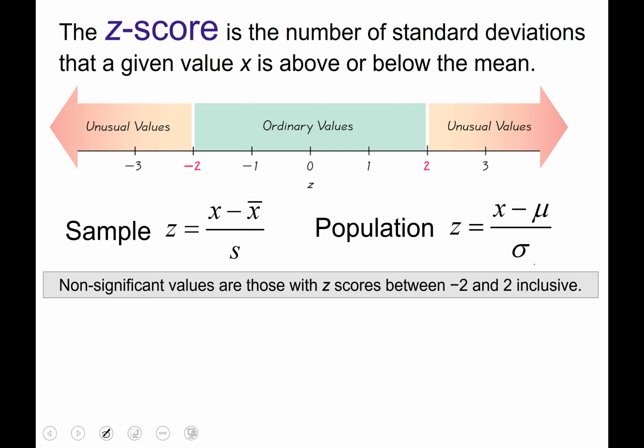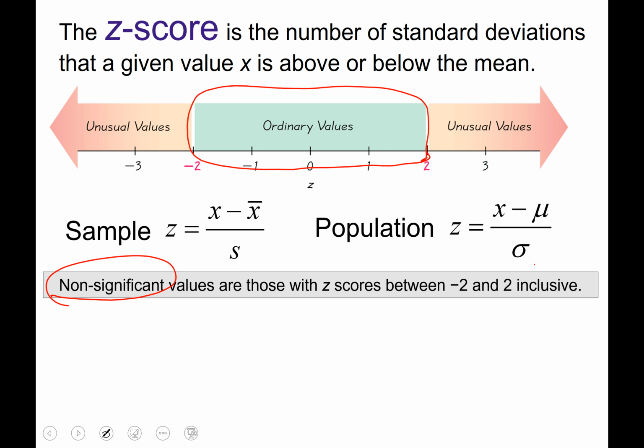All right, non-significant values are those with z-scores between -2 and +2 inclusive. That means including -2 and +2. So this is just another way that we describe the ordinary values. Let me highlight that area for you right here.